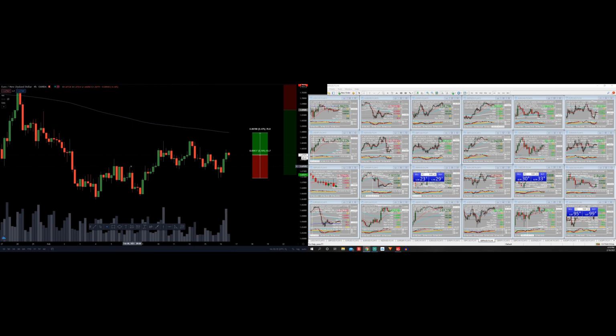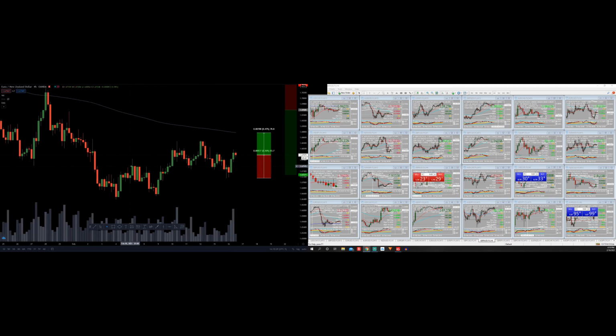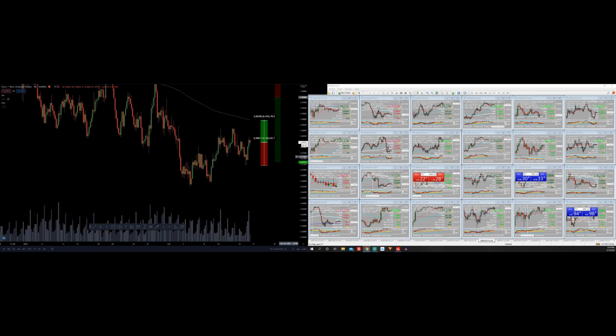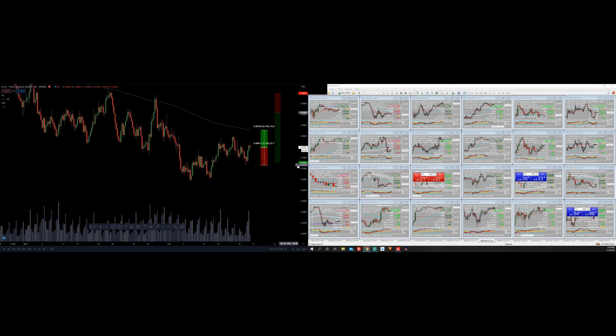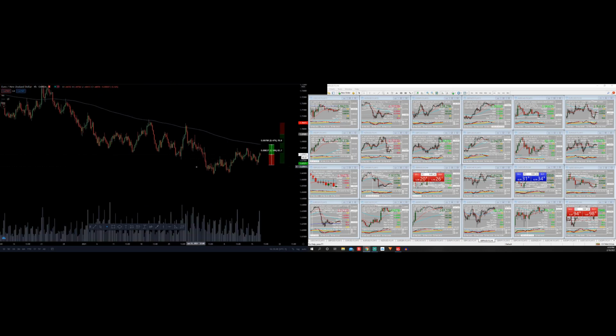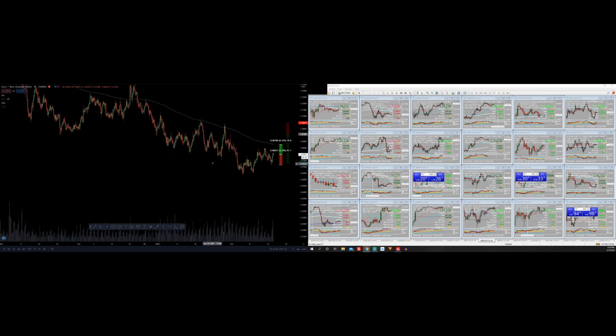So this is the W formation. We came back and we retested these volume bodies there. And one thing I always look for, how do I know that this is a W that I want to trade? I always zoom out, and you can clearly see what looks like a W and what doesn't.